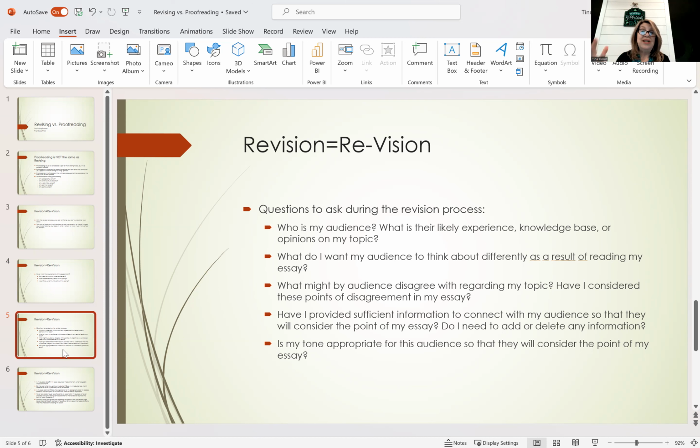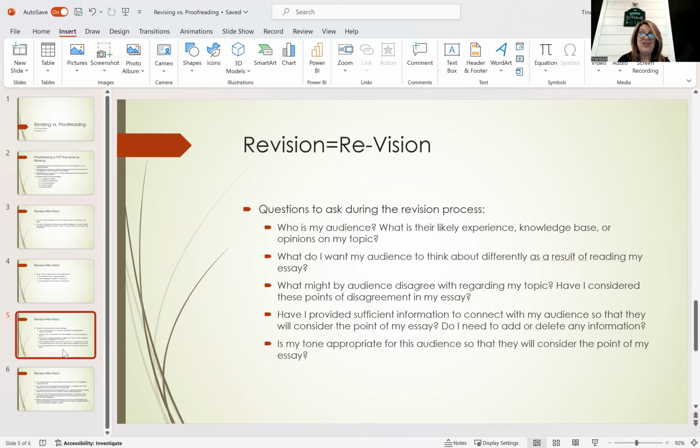What might your audience disagree with, right? Have you considered what they might disagree with when writing your essay? This isn't necessarily counter argument, although if we were writing a straight argument paper, maybe you would think about that. But think about how you're being sensitive to what your audience's needs are, right? And not only with how they agree with you, how they relate to you, but what they might disagree with.